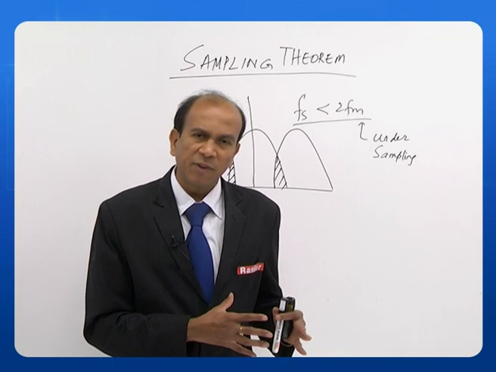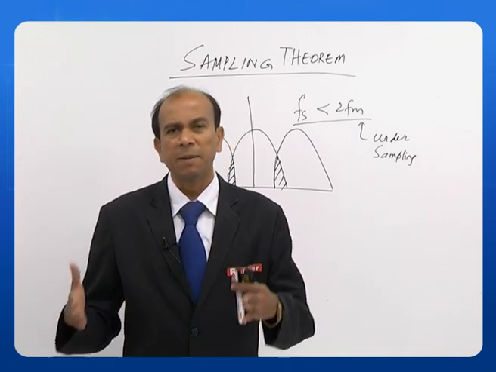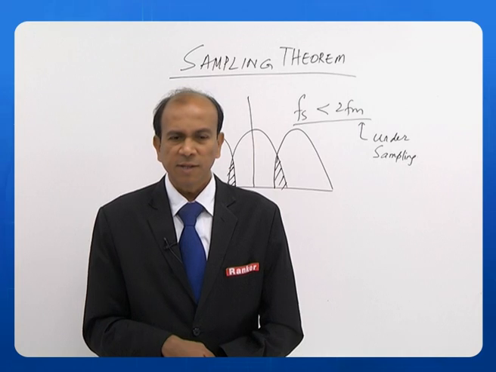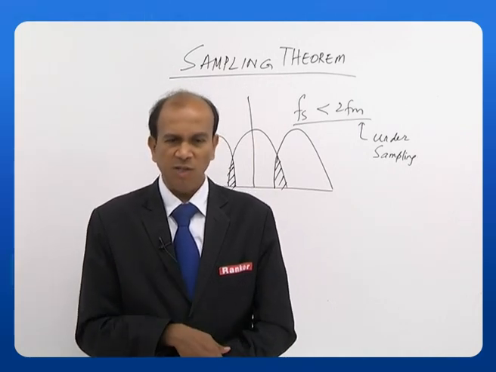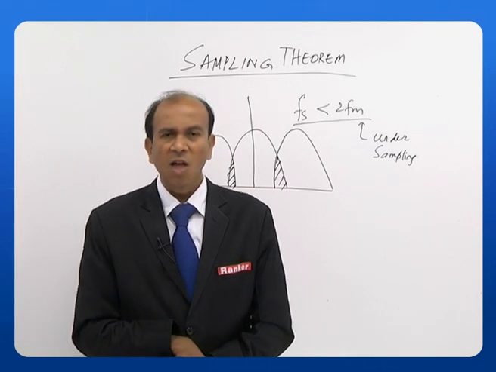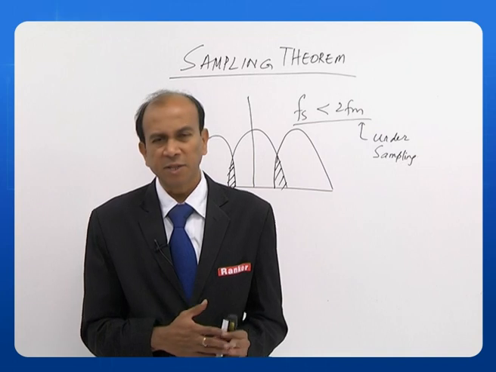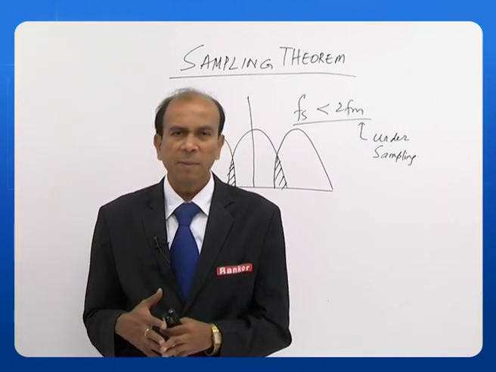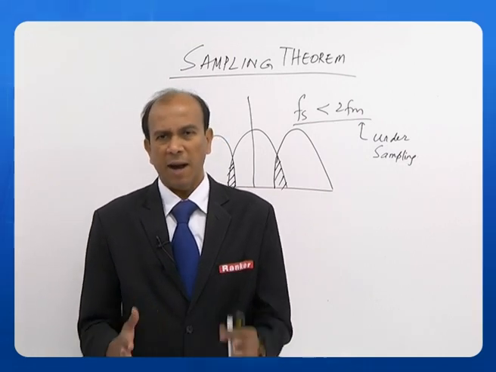When this large number of frequency components pass through a low pass filter, the output is limited only to a certain band of frequencies. This process of blocking all the frequencies above FM hertz is called band limiting of the original signal. So, the original signal has many frequencies, we pass it through a low pass filter with a certain band FM, and the output will be frequencies limited only to FM hertz. This is called band limiting.